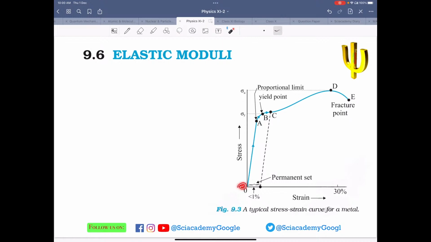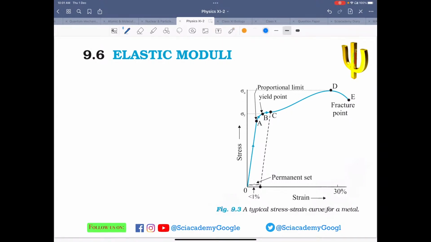This O to A is the region where the material follows Hooke's law, that is, stress is directly proportional to strain, and this region of the stress strain curve is of great importance for structural and manufacturing engineering designs.